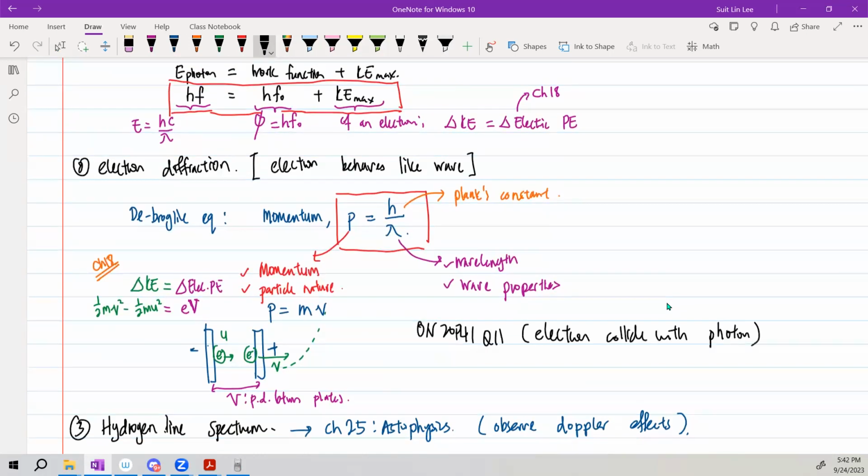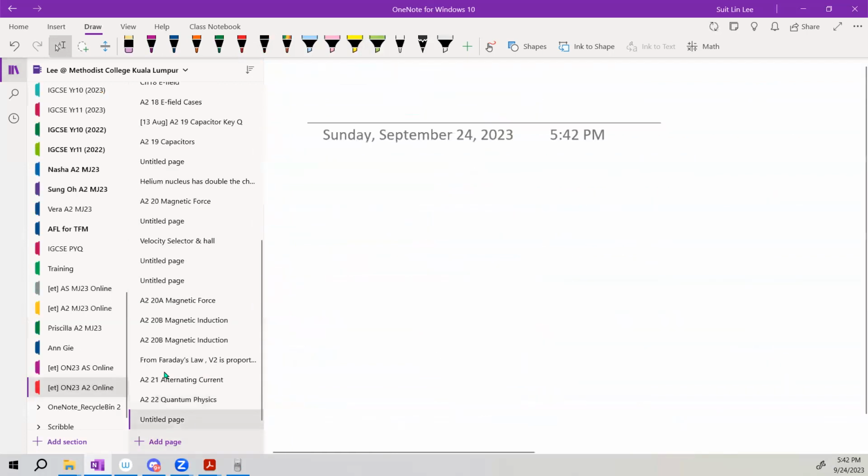They call it the electron deflection, not diffraction, but deflection. All right, go try this too. We can now move on.